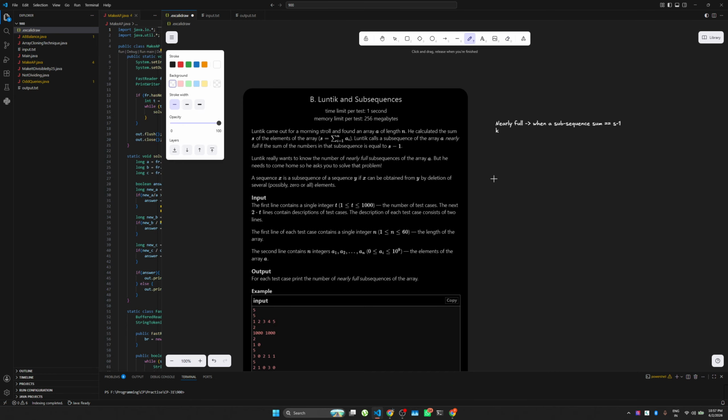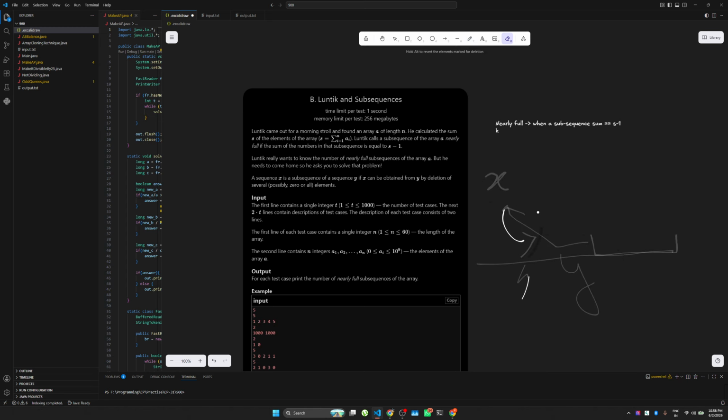So Y is a sequence, and in this we have a subsequence which is called X, if X can be obtained from Y by deletion of several, possibly all or zero elements. Oh, it's just the definition of a subsequence. I thought it was part of the problem.